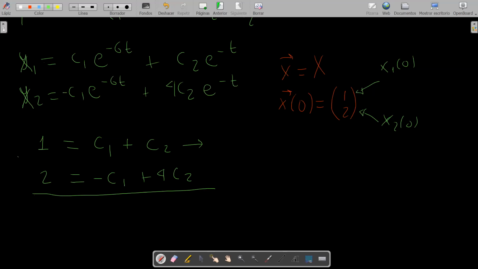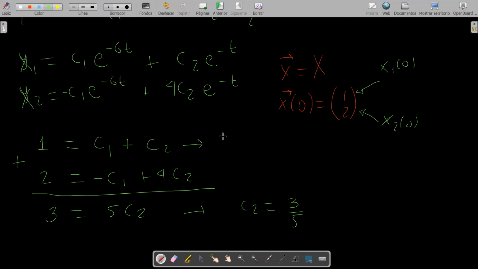We just add the two equations, and then we'll have 3 equal to 5 C2, and then C2 will be equal to 3 over 5, right? 2 over 5. No, 2 plus 1 is equal to 3.